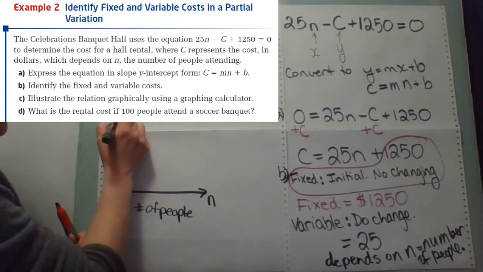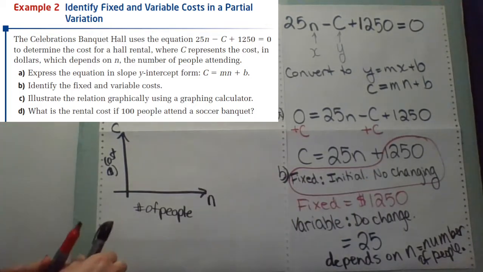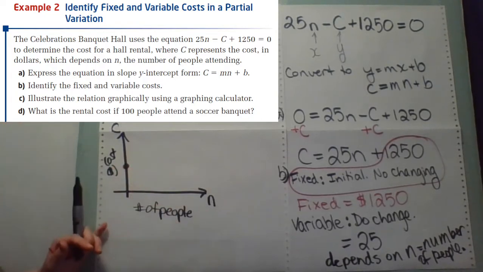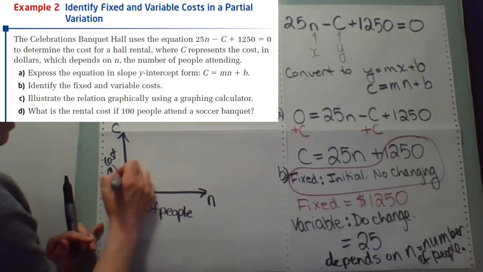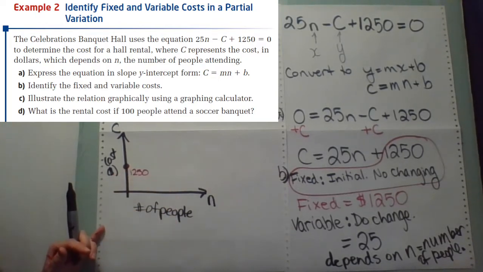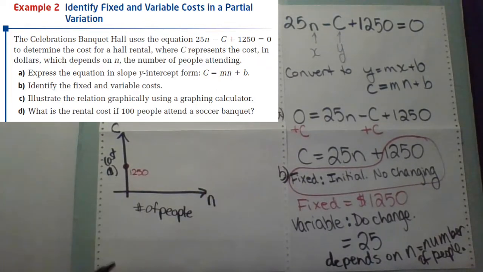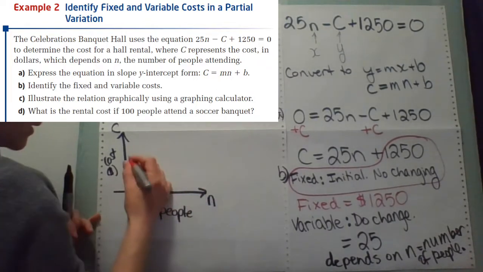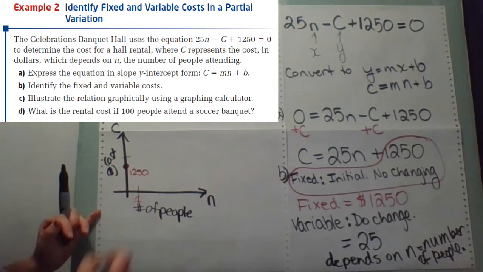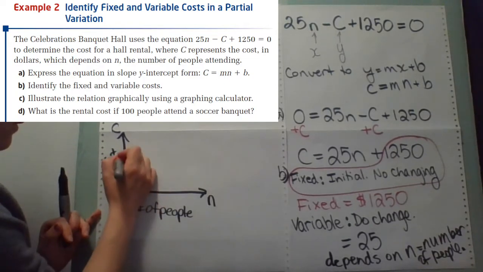Okay, so that's my C. I'm told my initial cost is, let's just pop it there. So that's at, I didn't give myself enough space, 1250. And we're being told that it's going up by 25 each person. So my cost is going to go up 25 for every one person. So what's that, 1275?